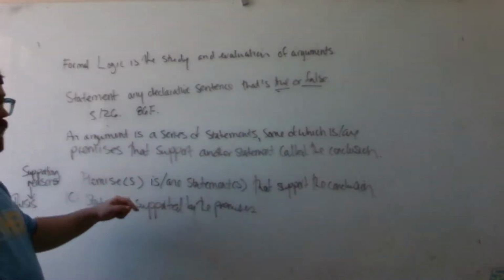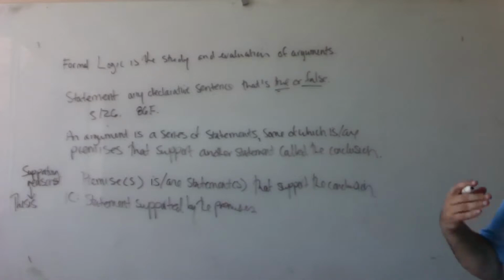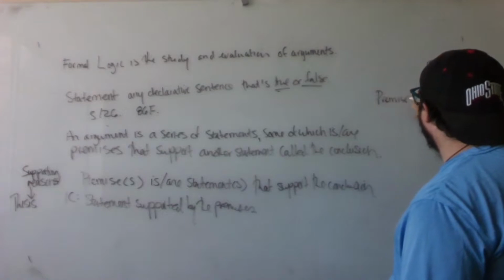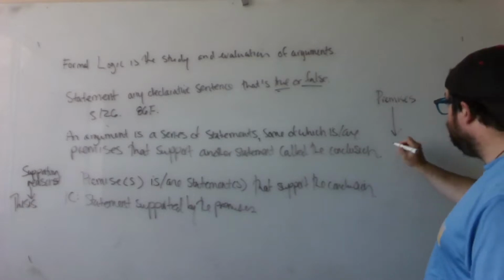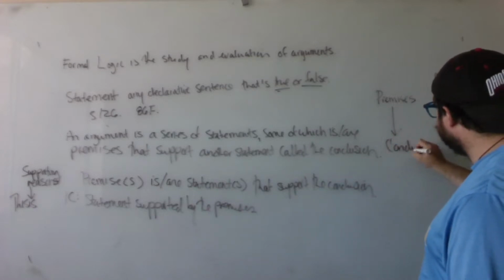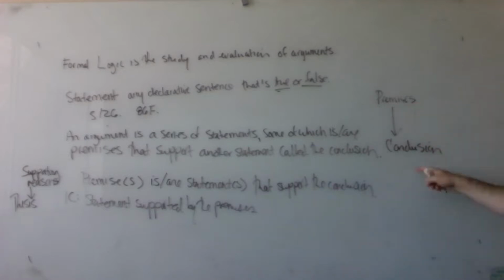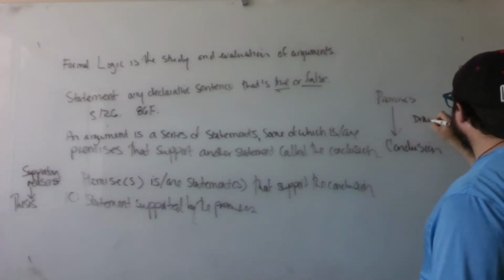Let me go over here because I got a little bit more room over here. And this is the diagram I draw throughout the entire class, right? I draw this all the time. Say premises, with an arrow going down. This supports the conclusion. And this process of drawing a conclusion out of a premise is sometimes called drawing an inference.